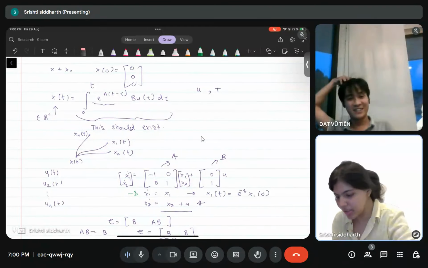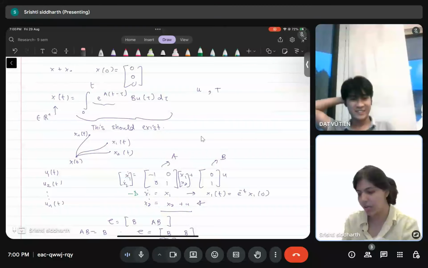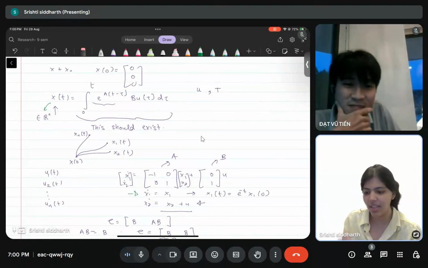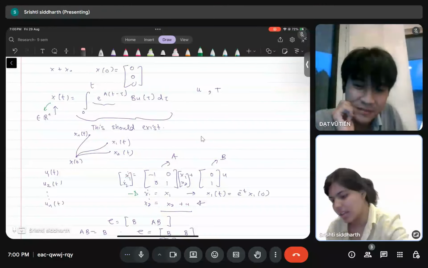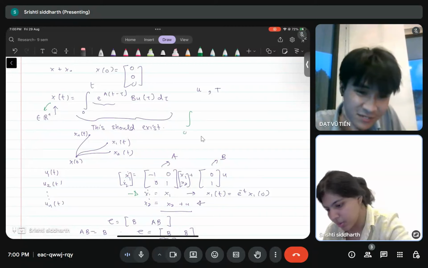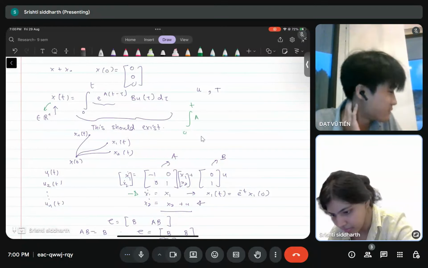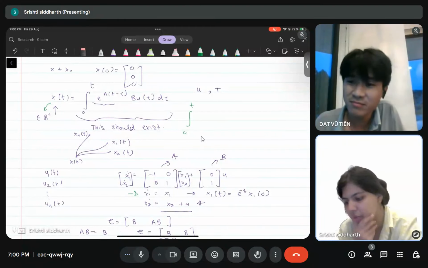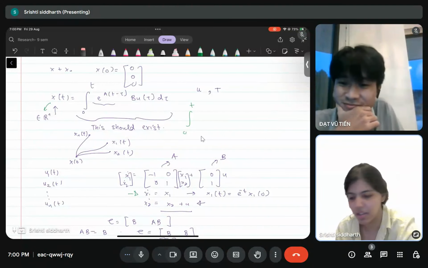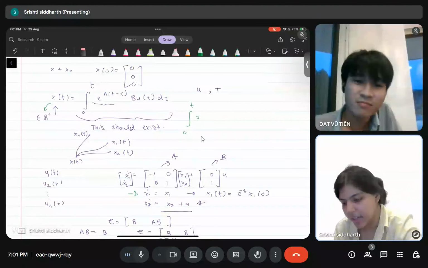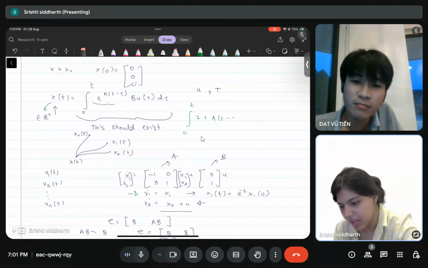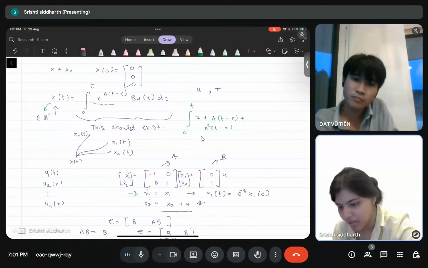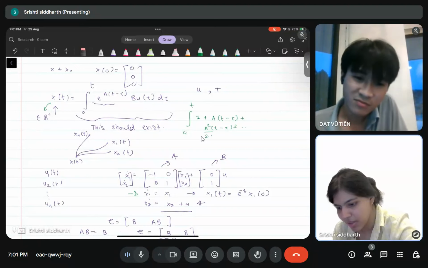Okay, so back to this. If we want the system to be controllable, then it could be any state in Rn. This means that this integral should exist. This means that 0 to t. So I'm just going to expand the exponential in this case. So this is identity plus A (t minus tau) plus A square (t minus tau) square by 2 factorial and so on.